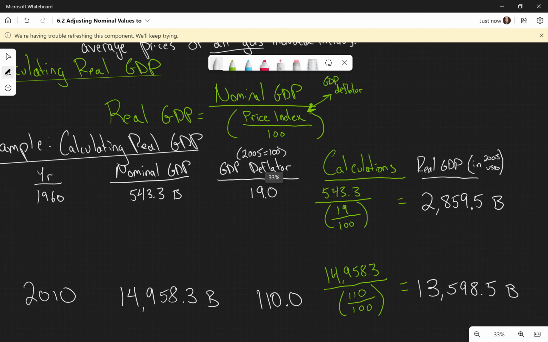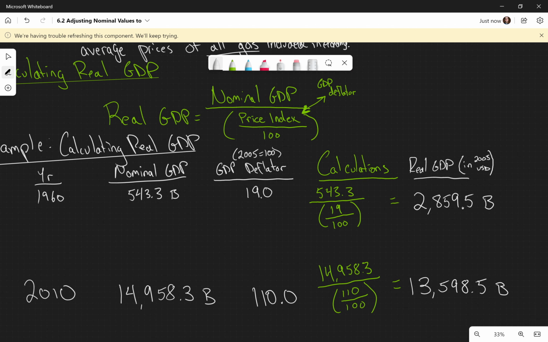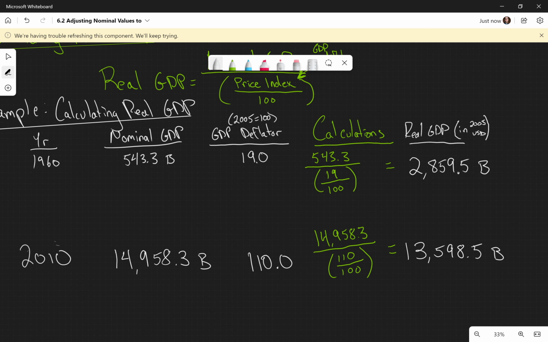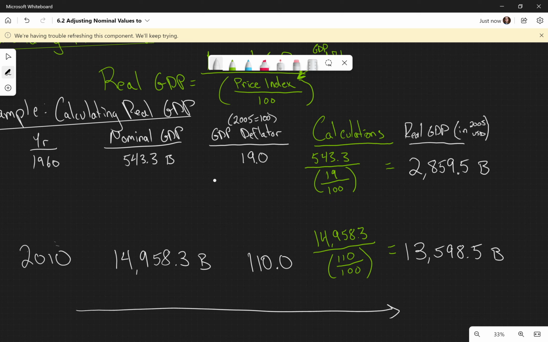So what's happening here? What's happening to the number when we find the real value of it compared to the nominal value of it? Is it getting bigger or smaller? It's getting smaller this time, right? So why is it getting smaller? It's getting smaller because we're bringing something from, if we think about this as a number line, 1960, 2010, 2005, right?